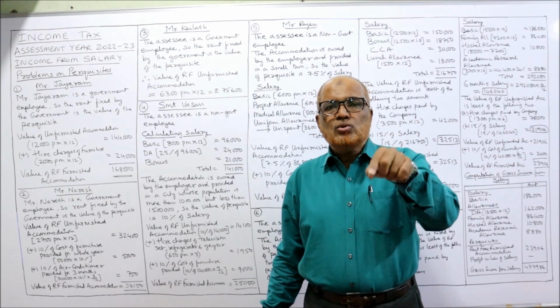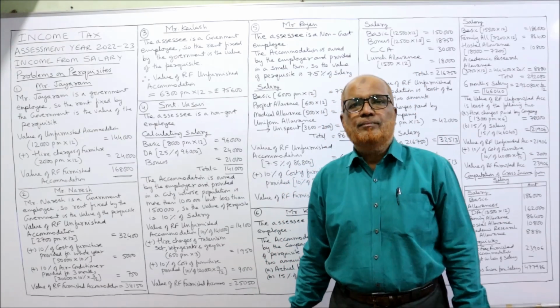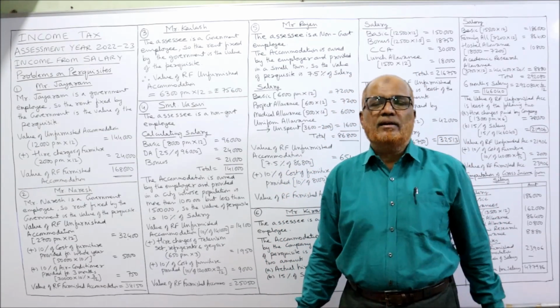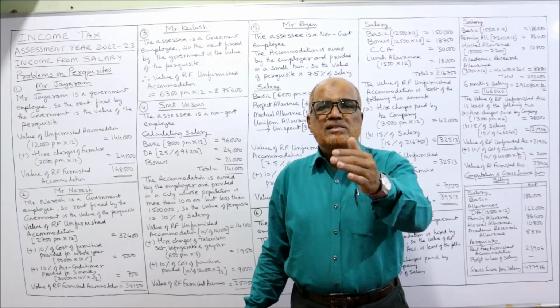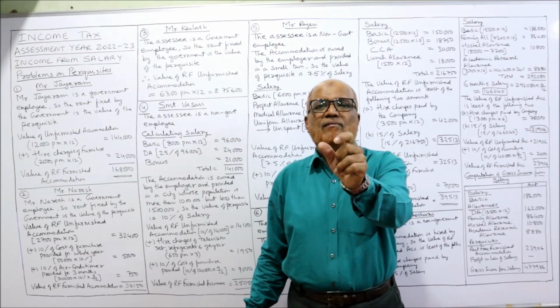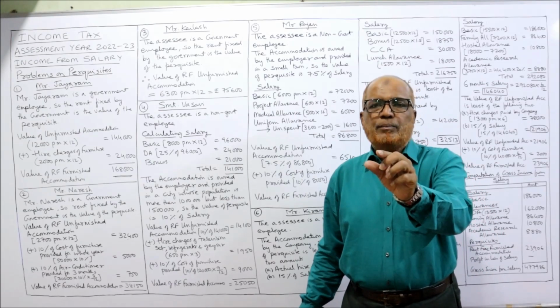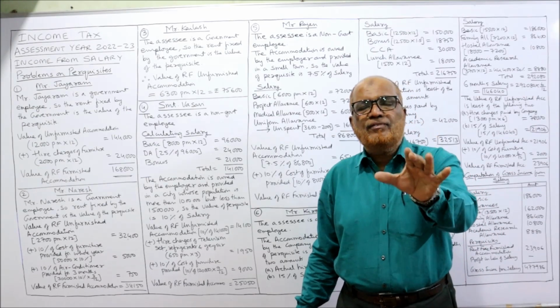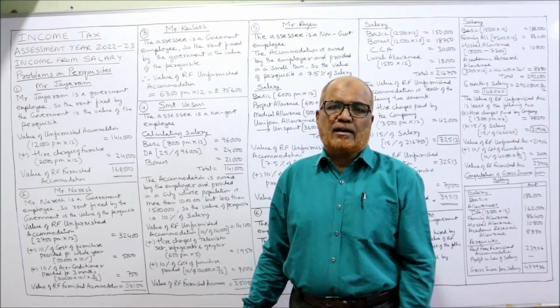If the accommodation is owned by the employer, we have to see the population of the city where accommodation is provided. If it is a small town, that means population is less than 10 lakh, then the value of the perquisite is 7.5% of salary. 7.5% of the salary is the value of the perquisite if the accommodation is given in a small town where population is up to 10 lakh.